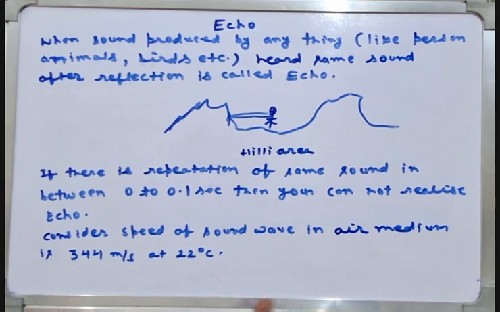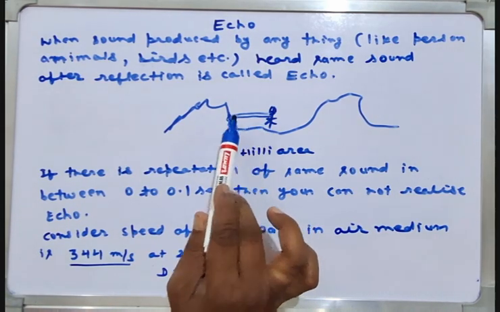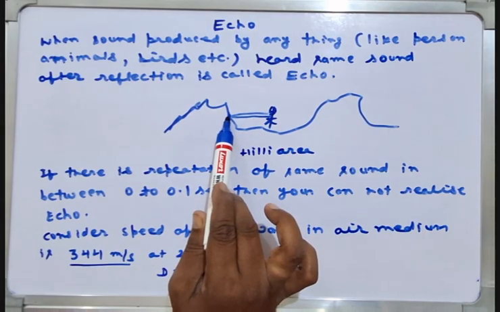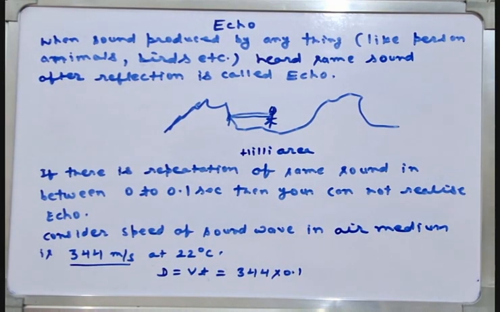So guys, what will be the minimum distance so you can hear the echo? You know the speed of sound in air, so d equal to speed into time will give you the distance between the sound going from here to here and reflected back, and you hear the same sound.